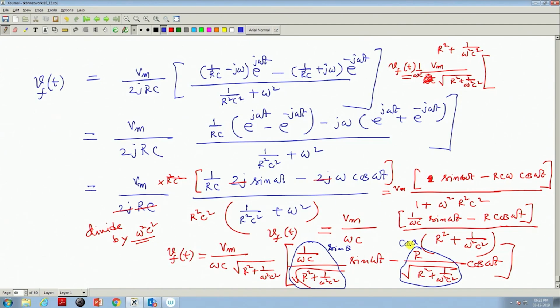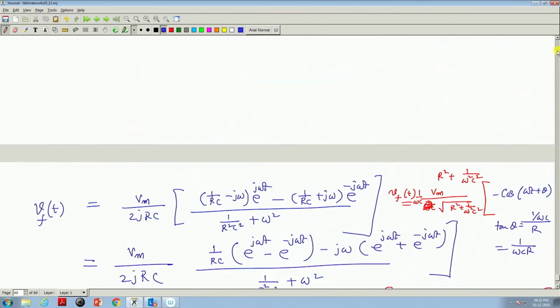If that is the case, sin A sin B minus cos A cos B is what? Minus cos of A plus B. So, it will be some minus cos of omega t plus theta, where tan theta is 1 over omega c divided by r, equal to 1 over omega c r, that is reactance by resistance, etc. So, this will be this voltage.